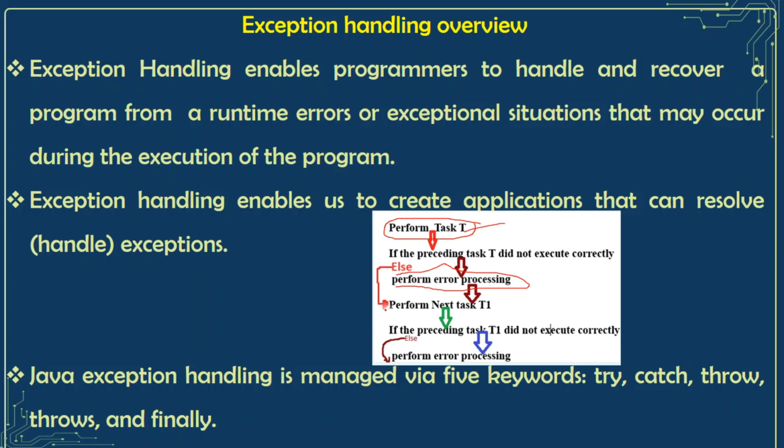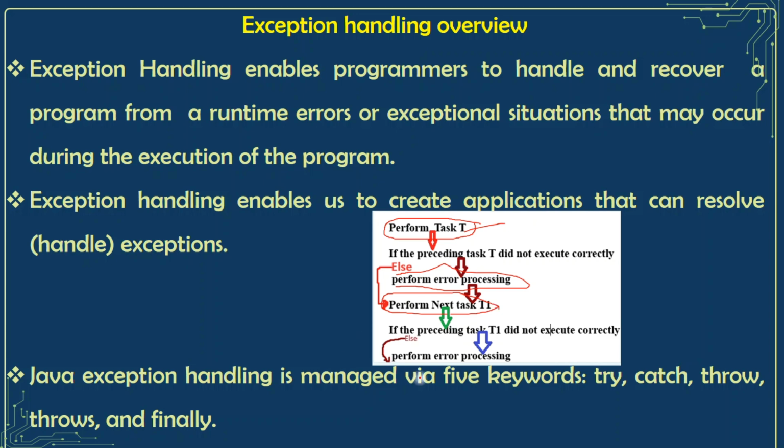Then it will try to perform the next task T1. If T1 throws an exception, again, error processing will be executed. If not, which means if there is no exception thrown inside this task, the next process will be executed.